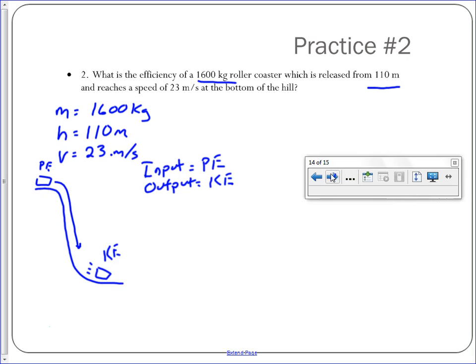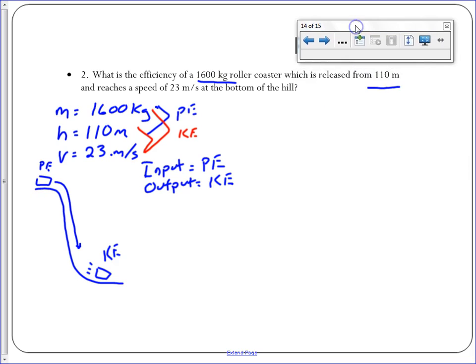And again, given our variables, we can use the mass and the height to find potential energy. We can use the mass and our velocity to find the kinetic energy. So we need to take this one step at a time. Let's find our potential energy.